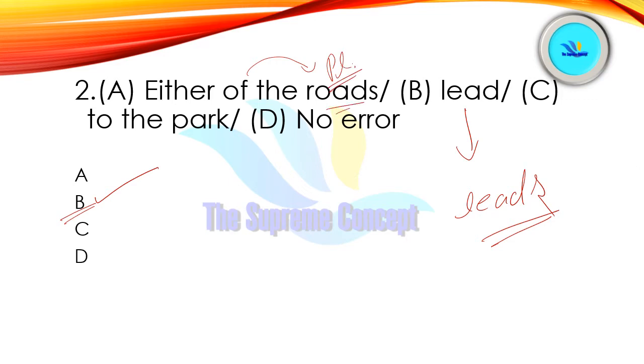As you can see, "roads" is plural. But the verb that comes in the later part of the sentence will be singular in form. So instead of "lead" we will use "leads" here.